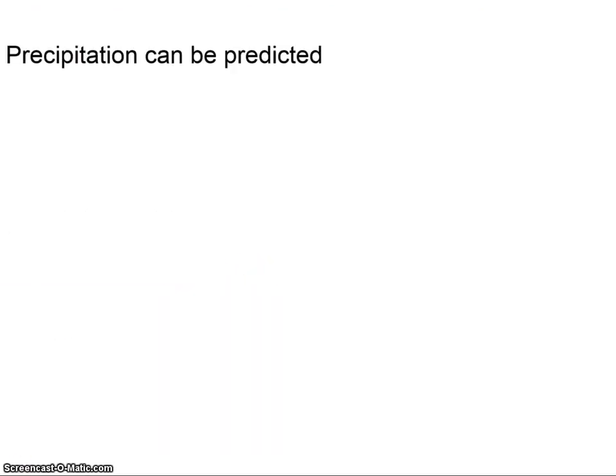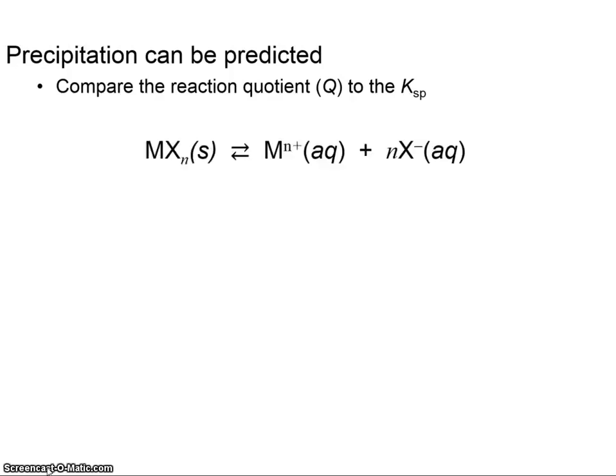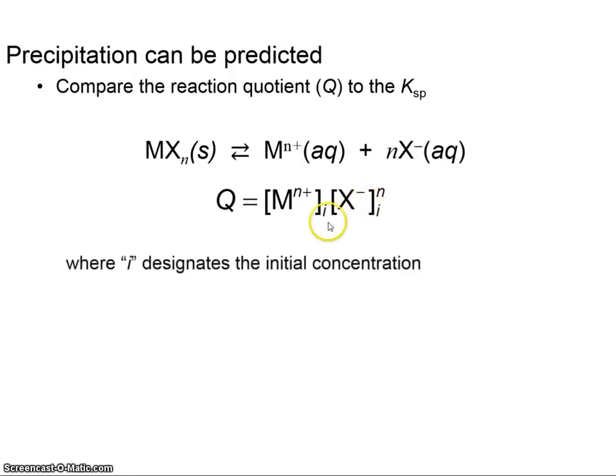One of the useful things about this is that we can predict whether or not something is going to precipitate. So let's say, for example, I can compare the reaction quotient Q to the Ksp. For an example, I've got the reaction MXn goes to M and X. Q is going to be set up the same way as Ksp would be, so I've got the concentration of M times X to the n. I is going to designate the initial concentrations.